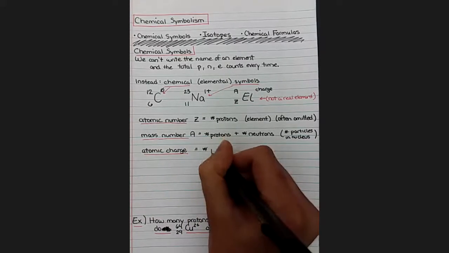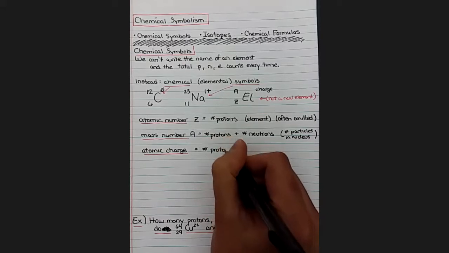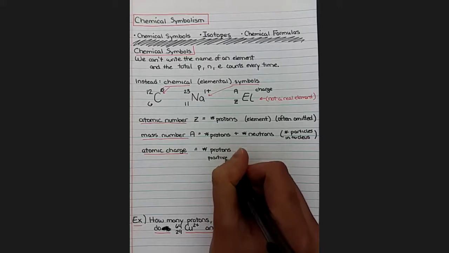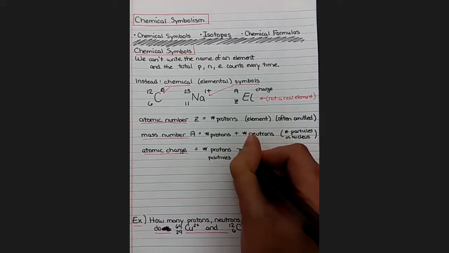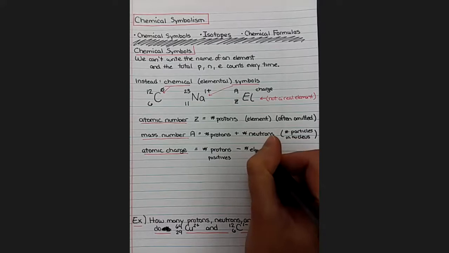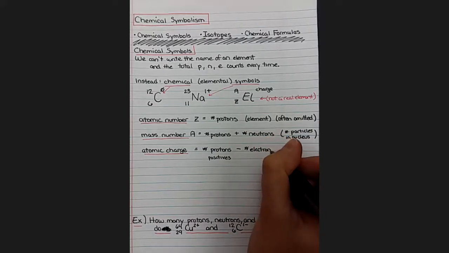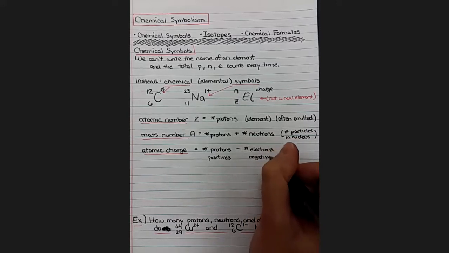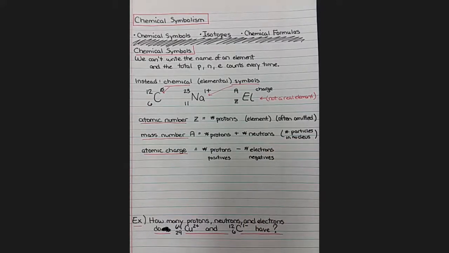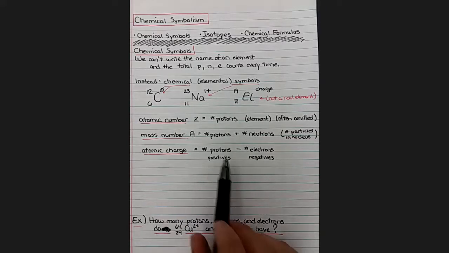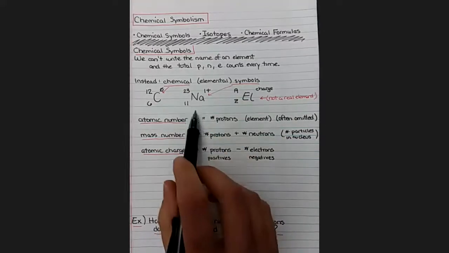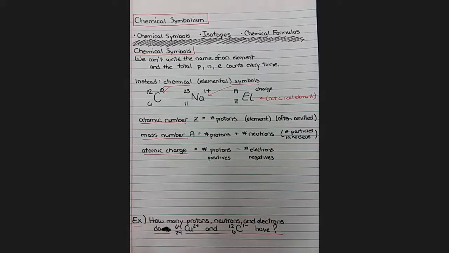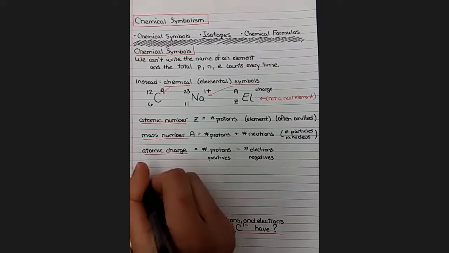So to find the atomic charge, we take the number of protons or positives, since each proton has one positive charge, and we subtract the number of electrons or negatives, since each electron has one unit of negative charge. And so this may be a new concept, and that is that there is a charge for a particular atom, and the atomic charge can change without the atom changing.